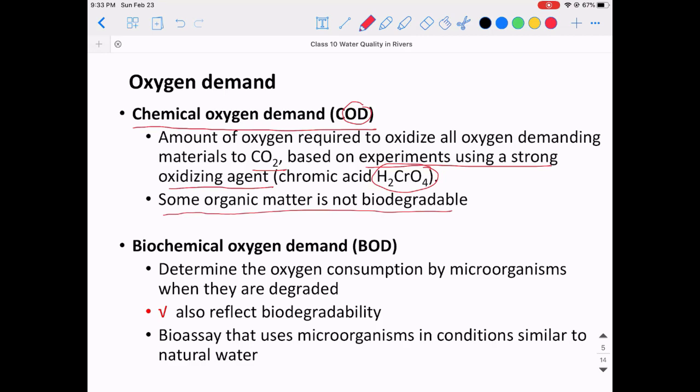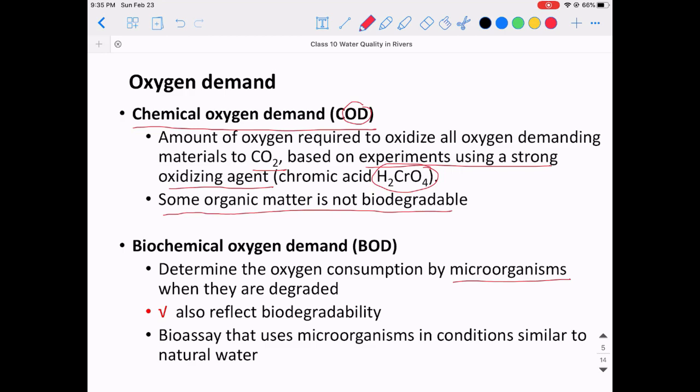And this more realistic parameter is called the biochemical oxygen demand, or the BOD. So the BOD determines the oxygen consumption by the microorganisms when the organic matters are being degraded. Okay, so this is a more realistic way of representing the oxygen demand, because there are always some microorganisms in the river water or in the lake, right?